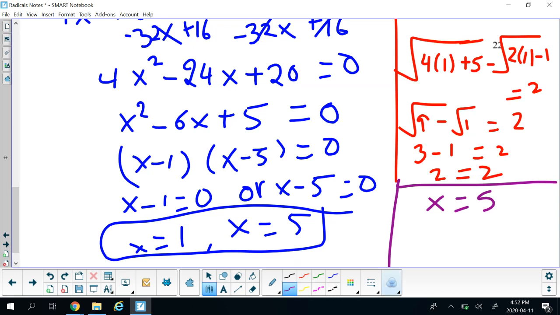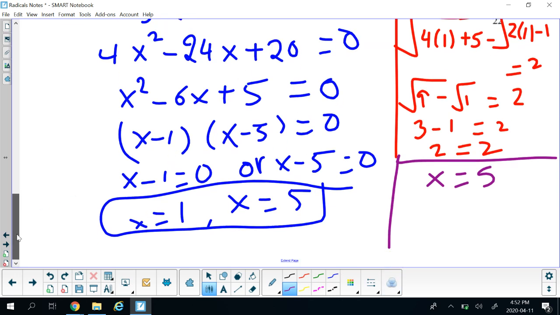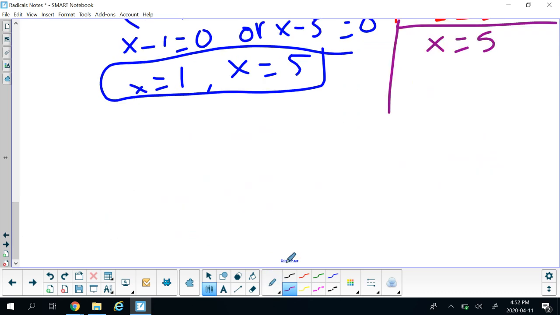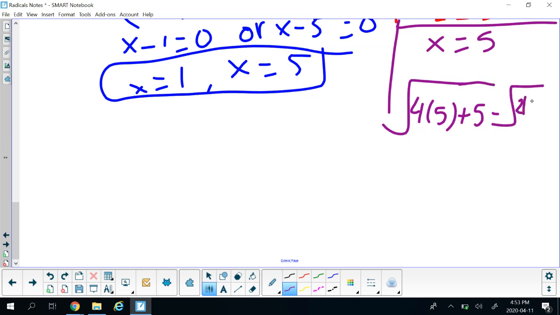Let's verify this by plugging the value of x equal to 5 into our original equation. Okay. 5 times 4 is 20. 20 plus 5 is 25.